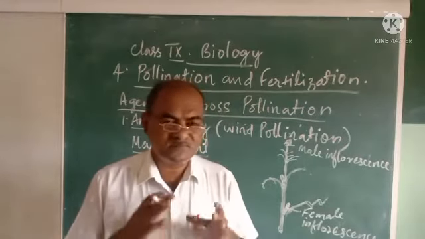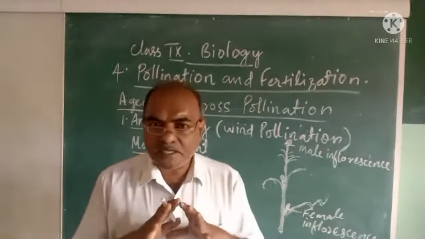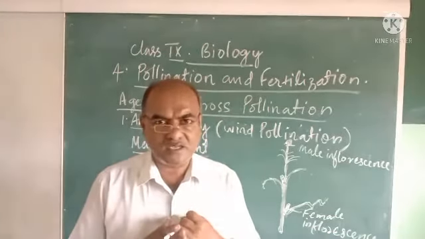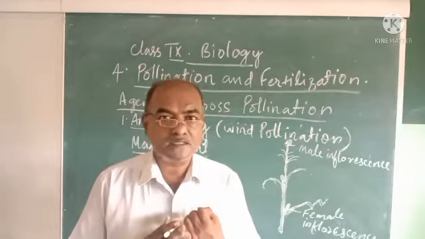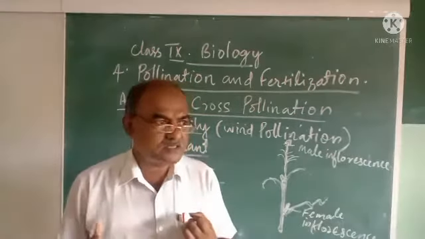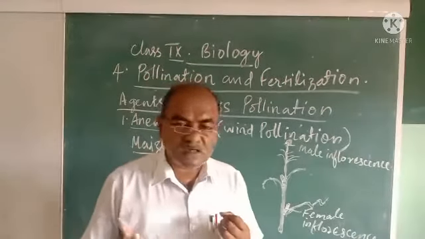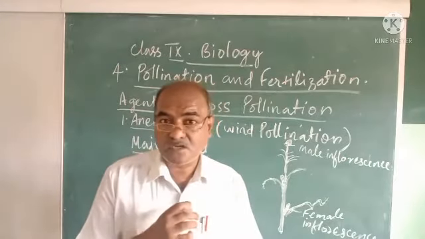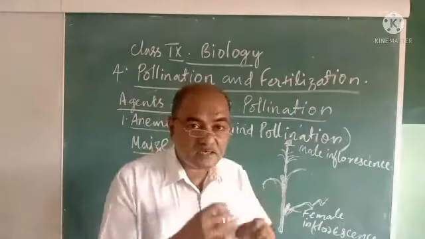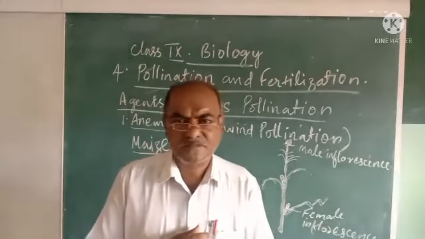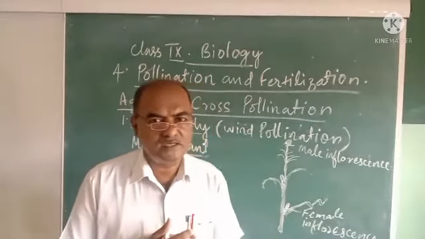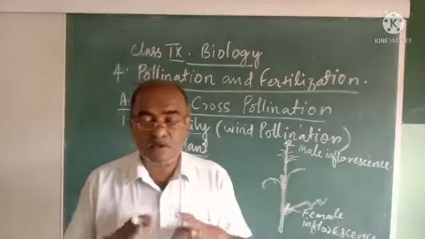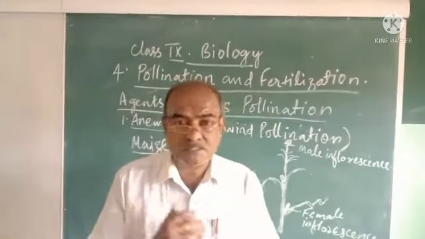Nectar secretion is not required, because other agents like insects or birds are not coming here to collect nectar, or to be attracted by the color like in ordinary flowers. Understand? That is why the flowers are not produced large in size.